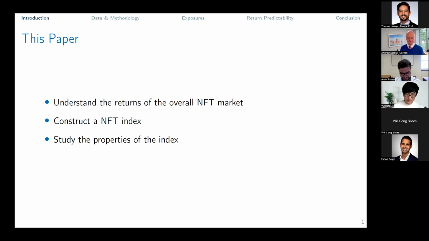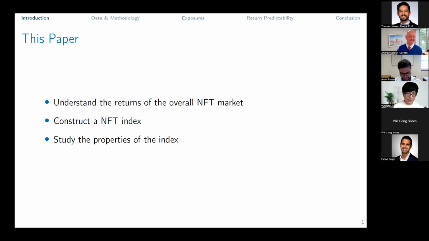The reason is that for NFTs, each one of them is different from each other, as opposed to, for example, Bitcoins, which are all the same. There's no Bitcoin 1 versus Bitcoin 2; they have the same value. So in a sense, an NFT is more like housing or art. Each one is different and they're traded very infrequently.